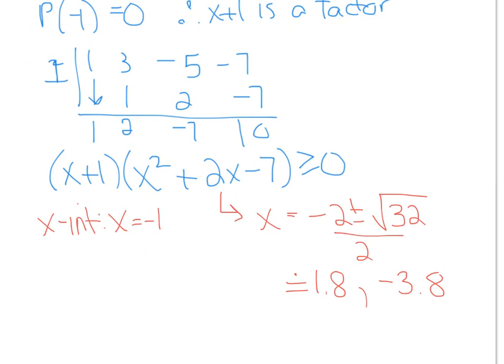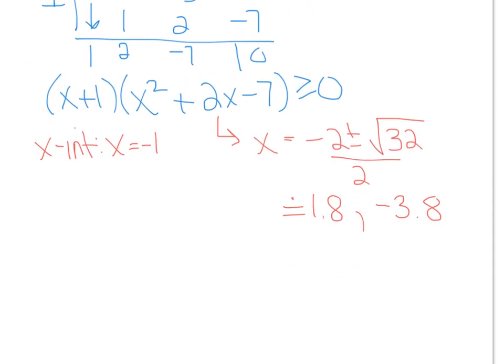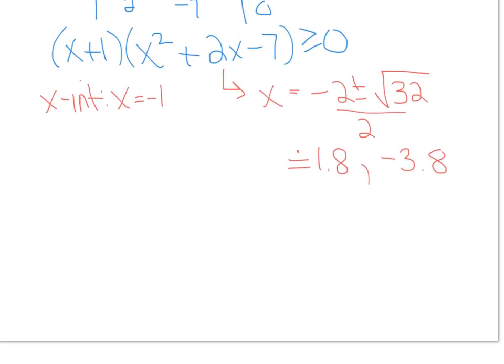So I'm going to draw a quick little sketch here. We would have an x-intercept at negative 1, an x-intercept at negative 3.8, and an x-intercept at something like 1.8.